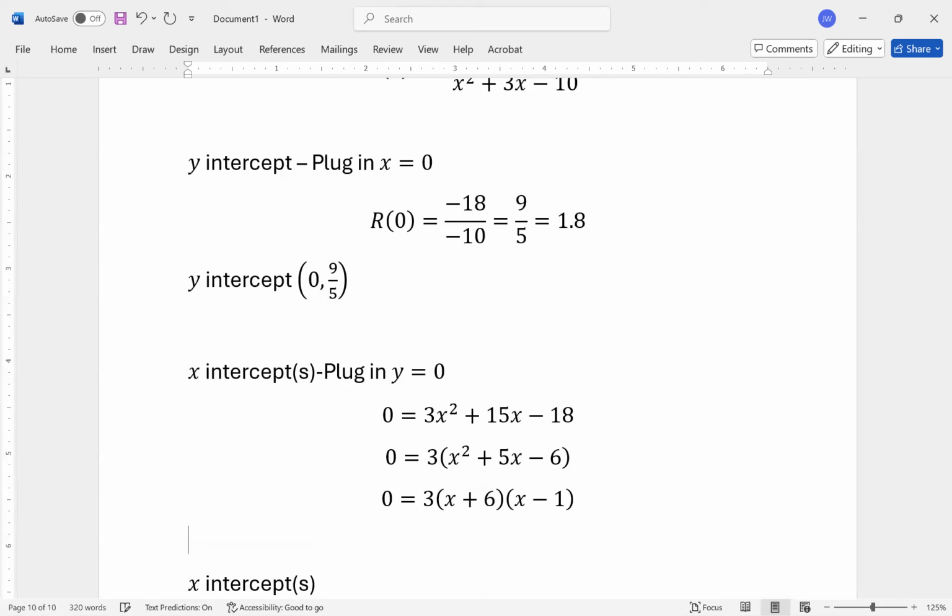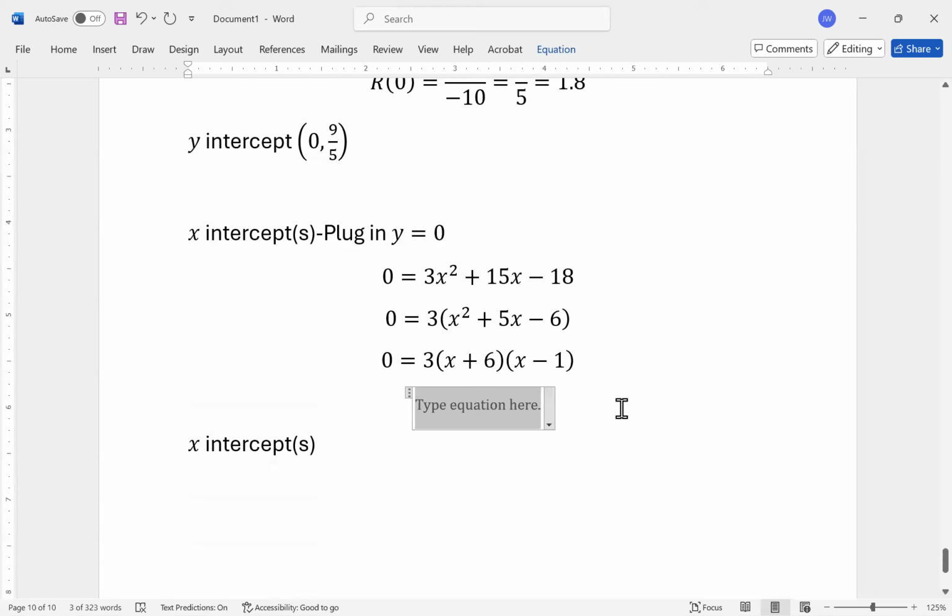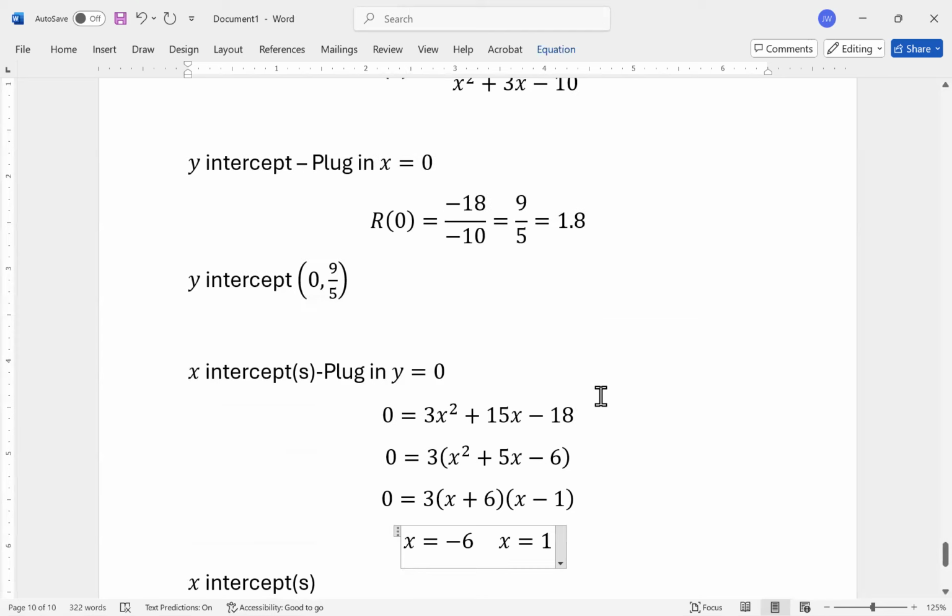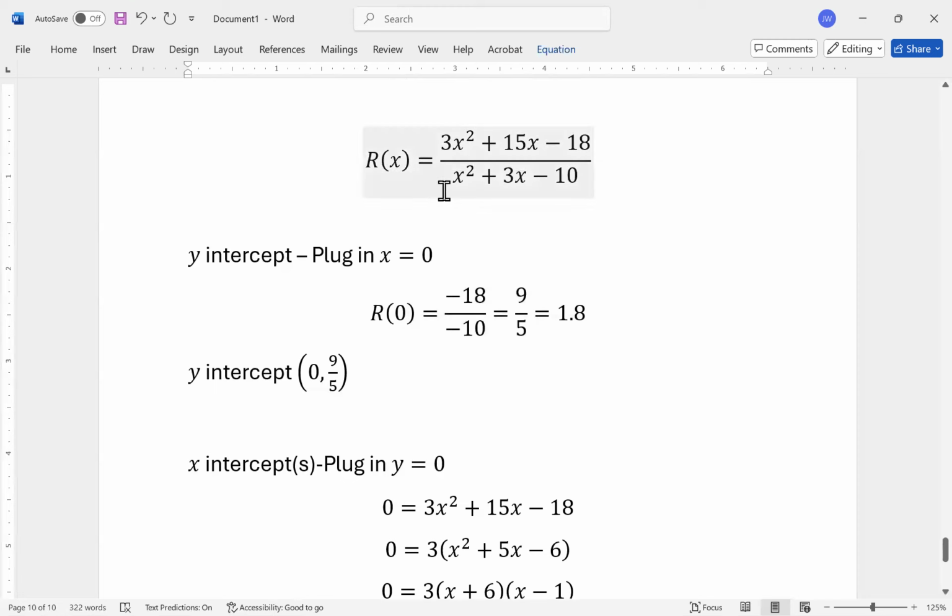So I get two x values that give me 0 in the numerator. One is the x value of -6. The other is the x value of 1. Before I state that both of those are going to be x-intercepts, I should check the denominator. Make sure that when you plug in a 1, you don't get 0. And again, in this case, you do not.